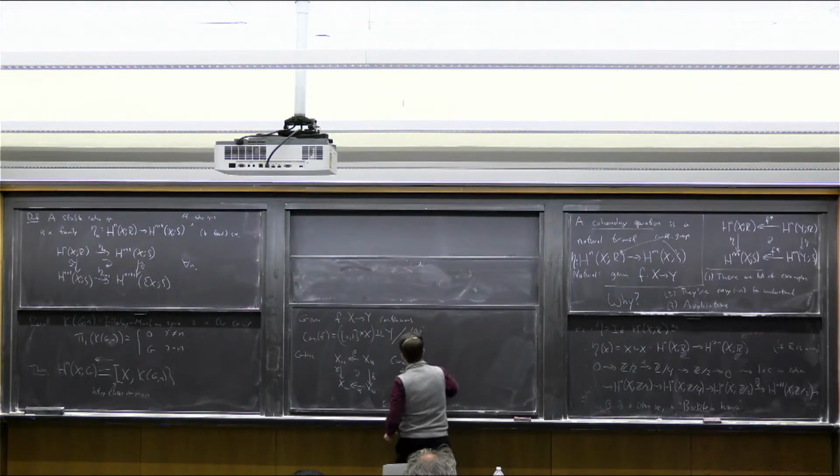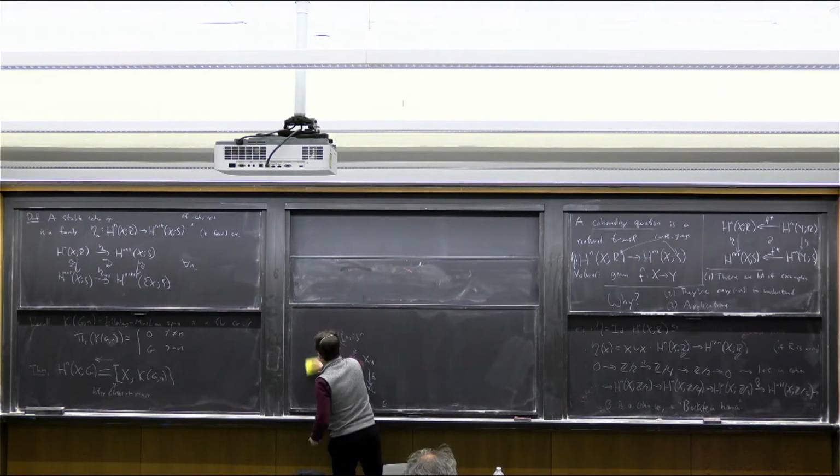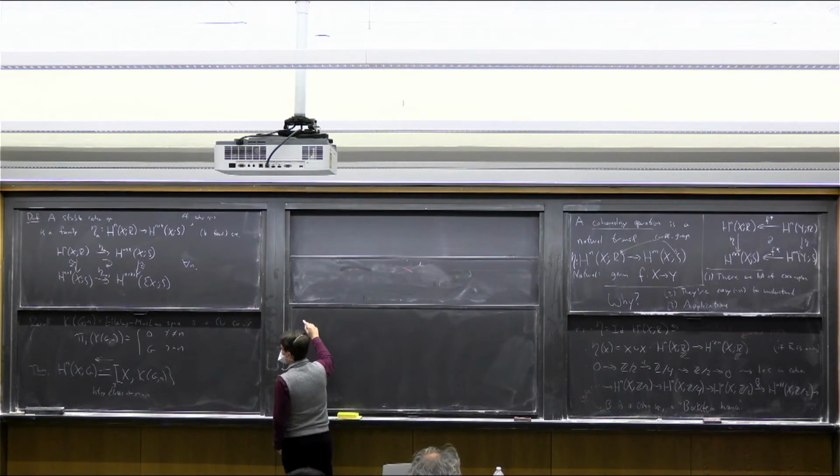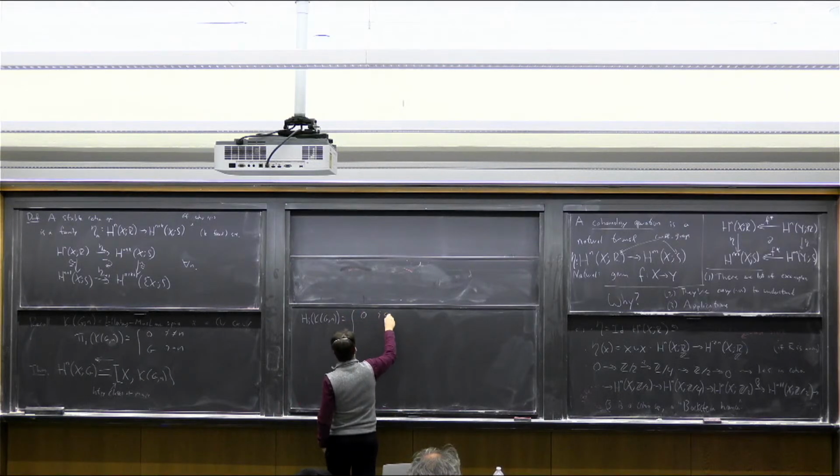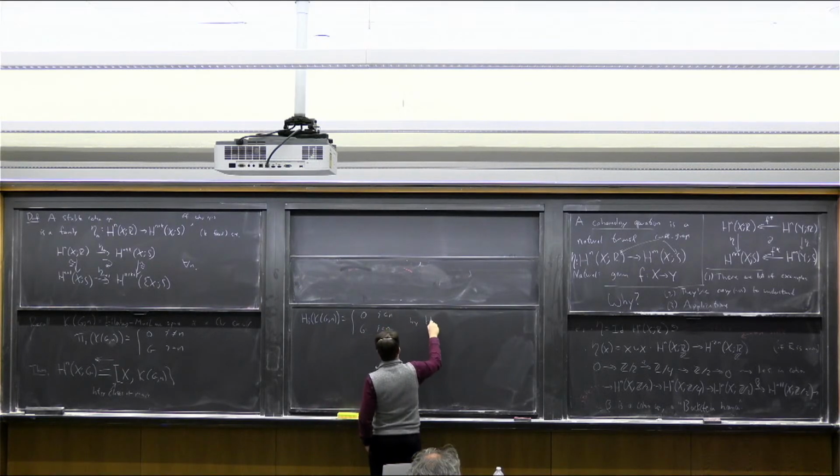So that is, the Eilenberg-MacLane spaces are what are called representing objects for cohomology. So that direction, well, if I look at H_i of K(G,n), this is 0 for i less than n and G for i equals n by the Hurewicz theorem.